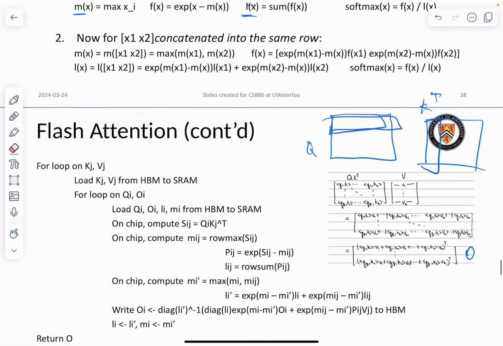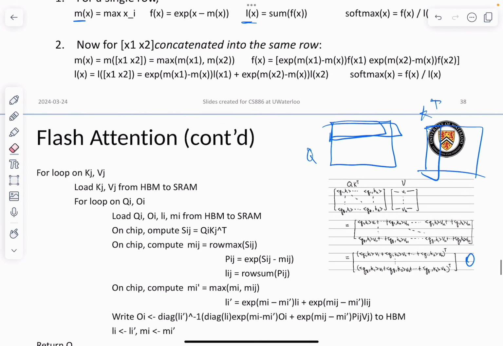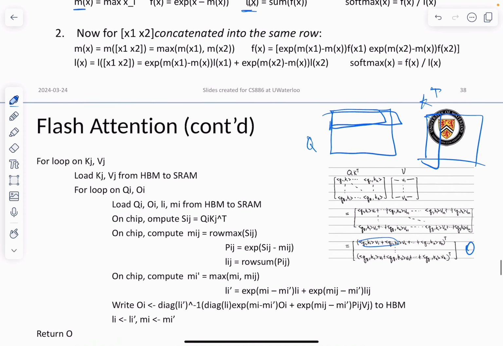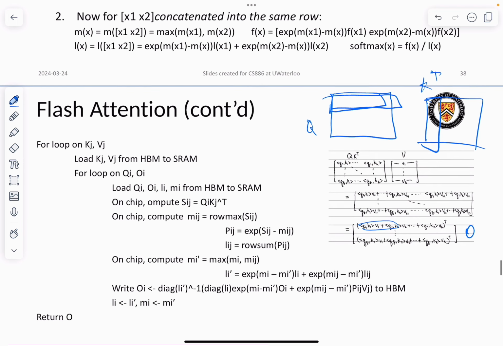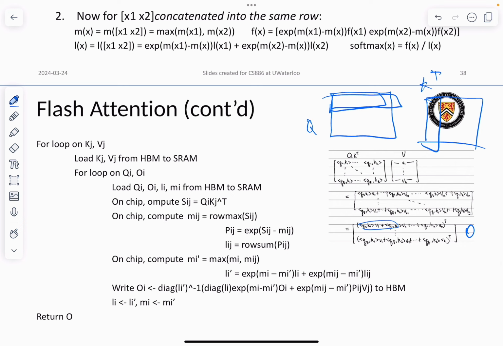Okay, so how do we do it? So the high level idea is that we start out with this, and then we do this, and we do this, and we do this, and then when we get to here, we normalize this by some factor.